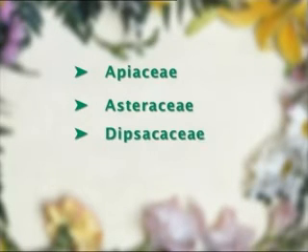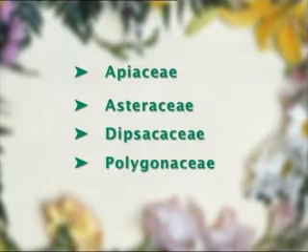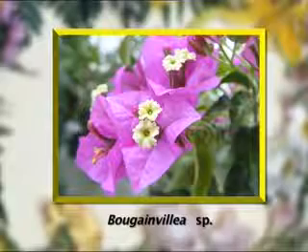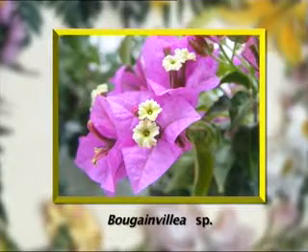An involucre is a common feature beneath the inflorescences of many families like Apiaceae, Asteraceae, Dipsacaceae and Polygonaceae. A bract may either be present on the peduncle below the whole inflorescence or within the inflorescence. The bracts are usually green but sometimes also brilliantly colored, as we can see in bougainvillea.